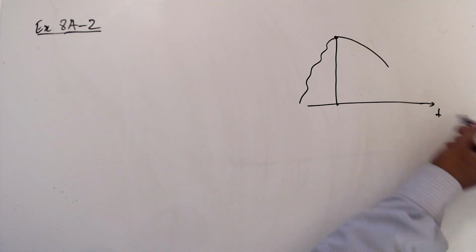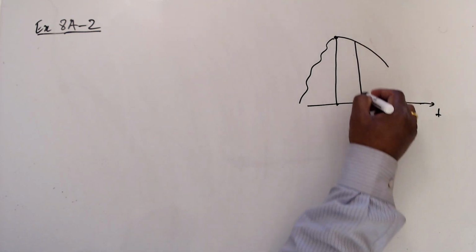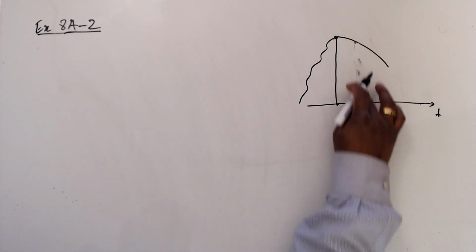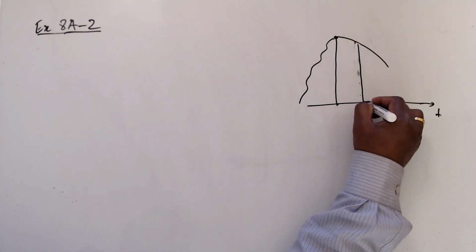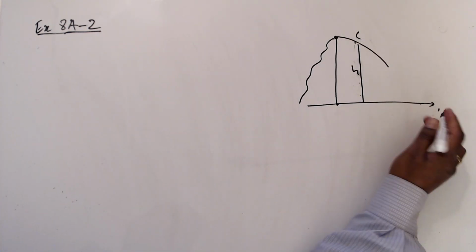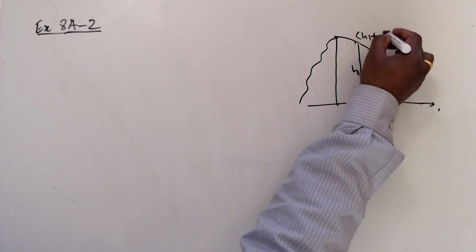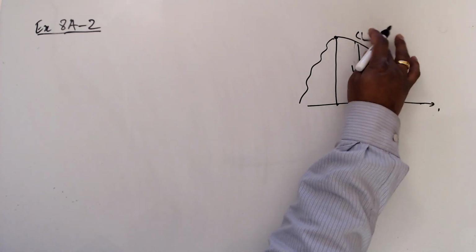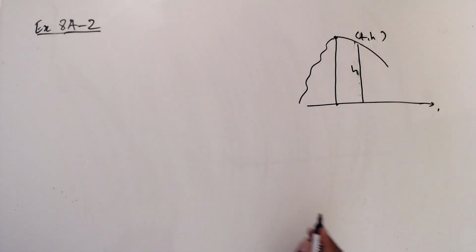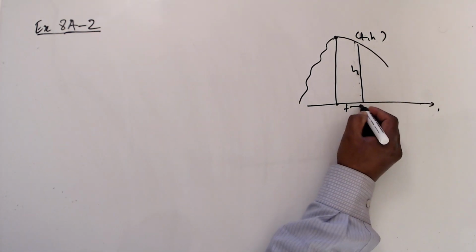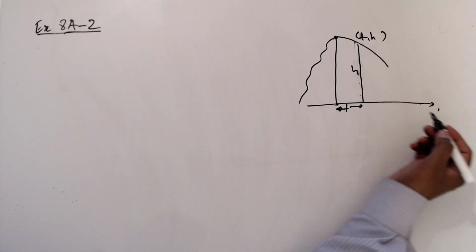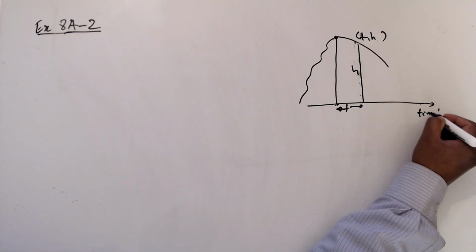And this is time, and this is the h. Let's say the time axis, the standard coordinate is t, h. So this height is h, time is t, and this is the time axis.